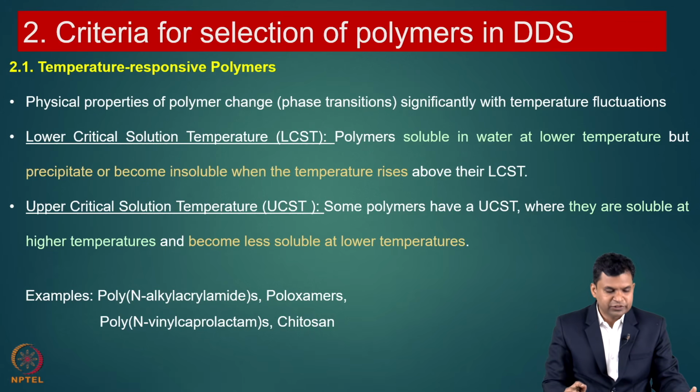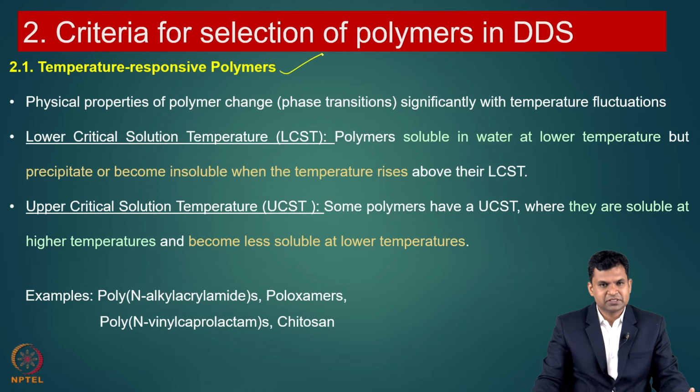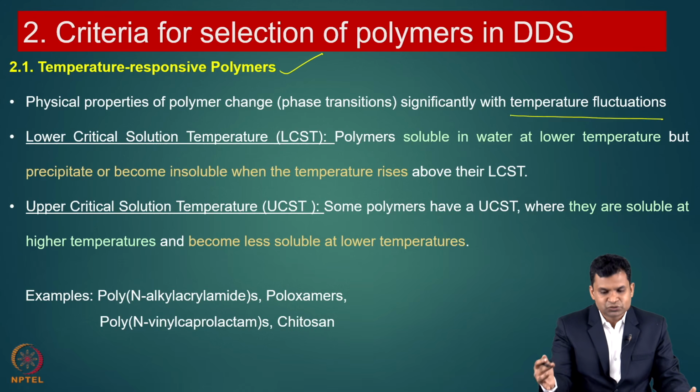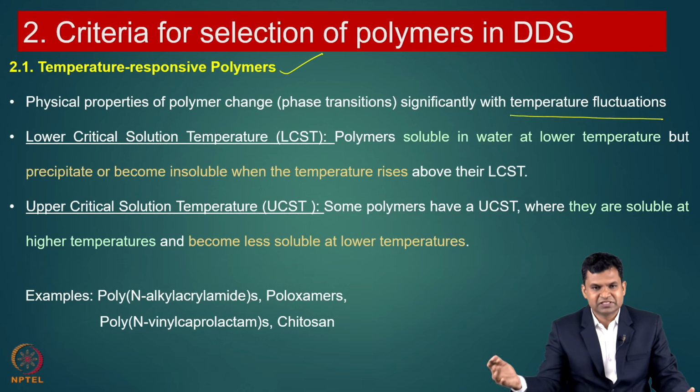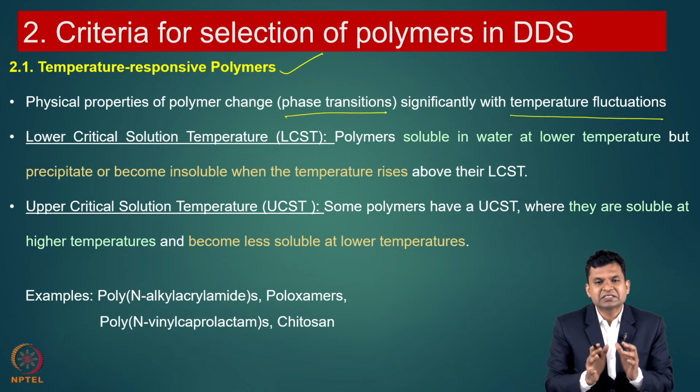First, we are going to discuss temperature responsive polymers. As we discussed in our previous slide, these polymers undergo various physical changes in the presence of temperature. Any temperature alteration leads to a change in their physical property, which means you will see a phase transition in the polymer.